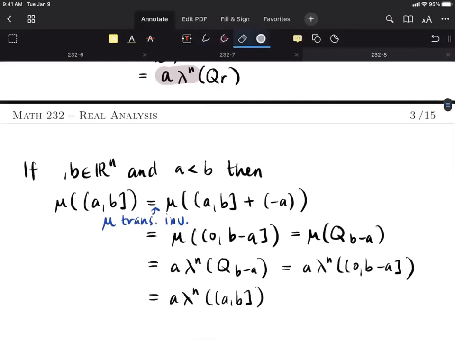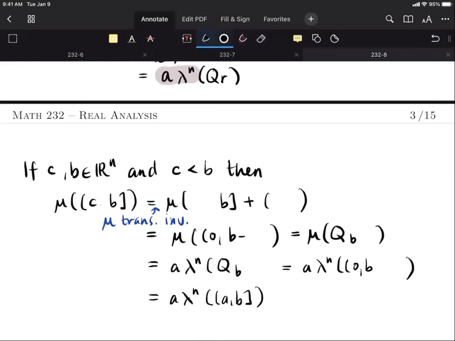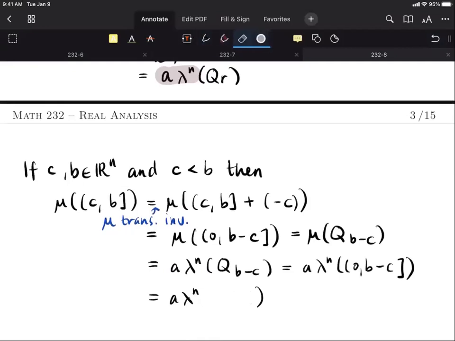We need to replace the a, since we have a constant a there, with a different parameter, let's say c. So this should be (c, b minus c], and therefore this must be (c, b].